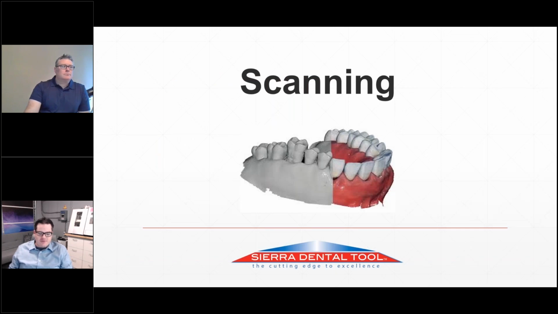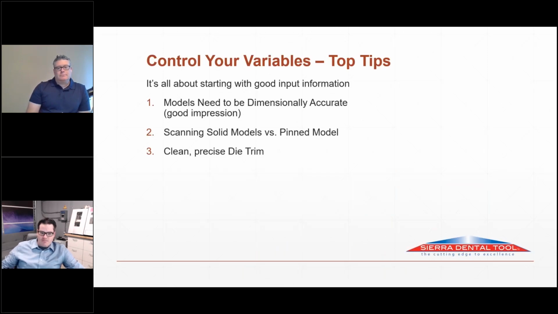scanning is obviously the first thing that we're going to talk about. After we've got our model work done, that's the entrance to the digital workflow, so it's really the main pillar of what's going on. We're going to go over a couple of our quick tips with scanning.